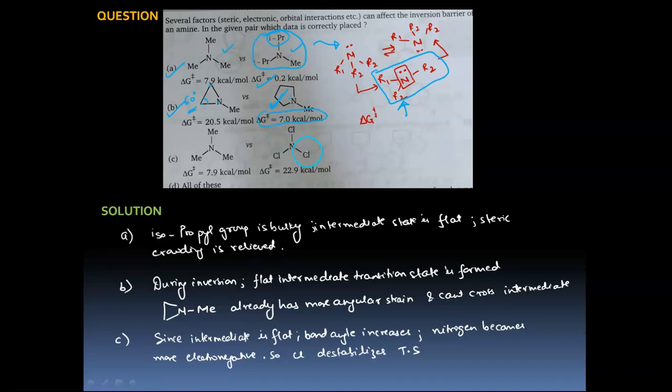So chlorine creates a nitrogen which is deficient in electrons. Therefore the intermediate state is destabilized, right, because of the electron-pulling behavior. If the transition state is destabilized, the reactivity is less, and therefore the barrier towards this inversion would be more. So also for C, delta G of the right-hand side molecule should be more.